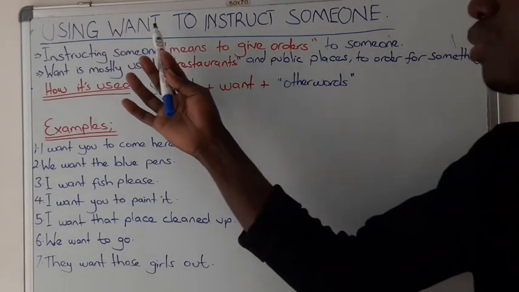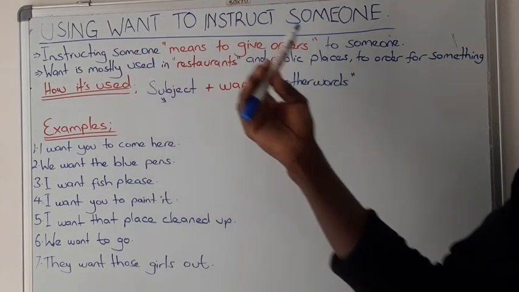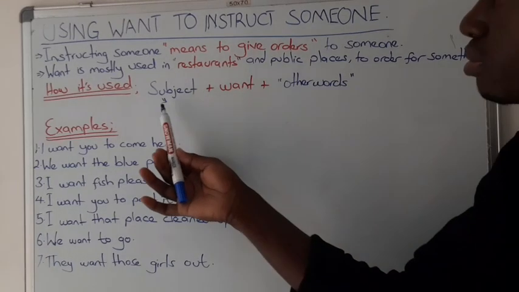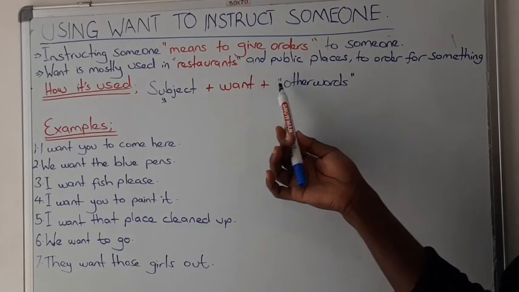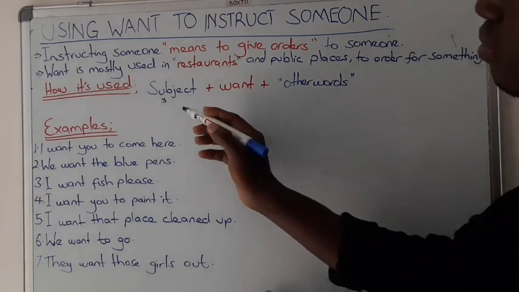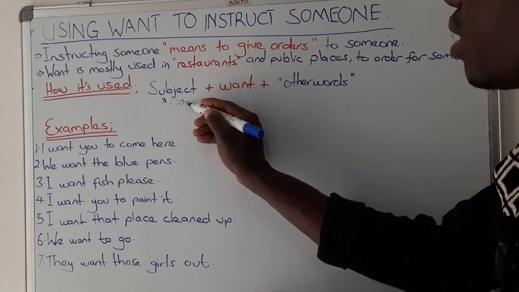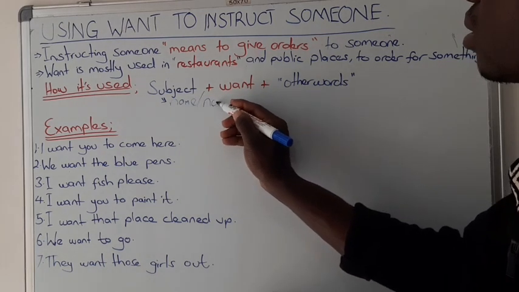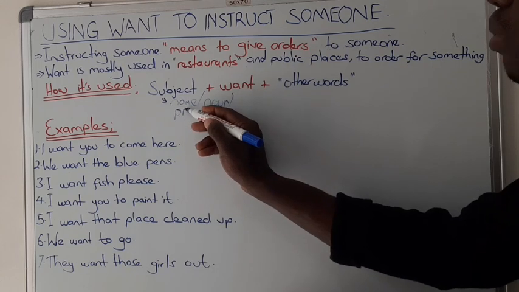Okay, let's look at how want is used. In order for you to use the word want to instruct someone, you start with the subject followed by the word want. You add on other words. Remember we said the subject can be a name of anything or a noun, or it can be a pronoun.